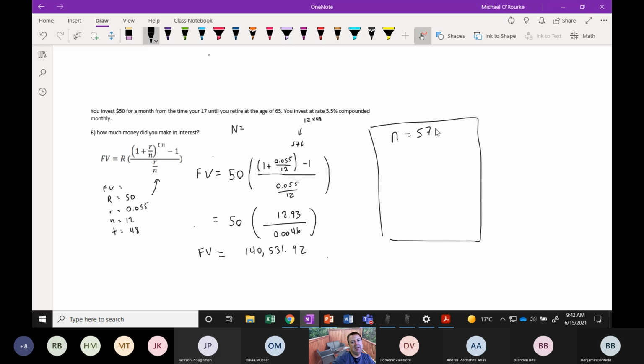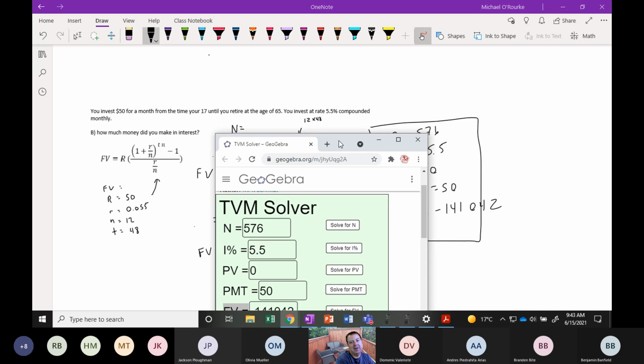N equals 576. Interest equals 5.5. PV equals 0. PMT, do you understand what I'm doing here? Now your future value is negative because you don't physically have that money yet. Does that make sense?